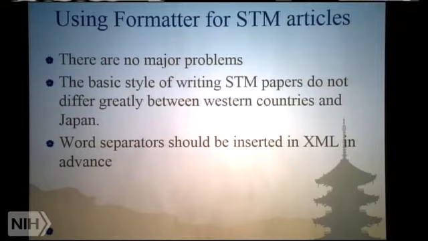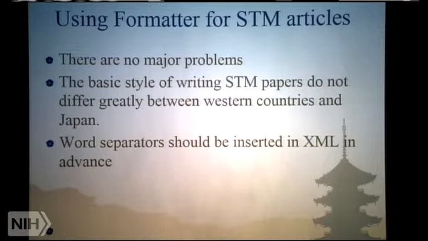UTF-8, which is the standard character encoding for XML, also enables the expression of most Japanese characters correctly. But word separation needs to be different and is a time-consuming point. Word separators should be inserted in XML in advance.